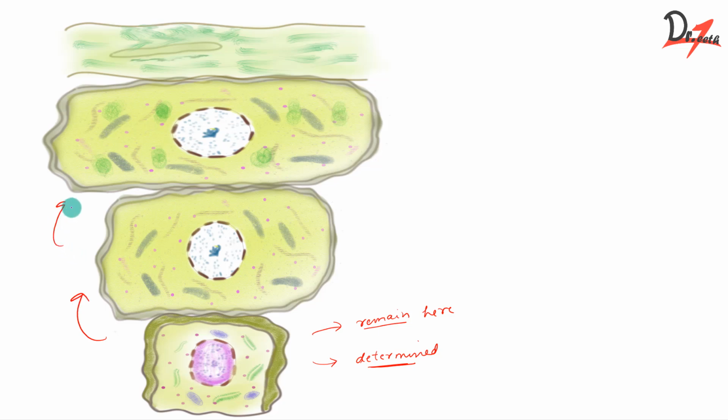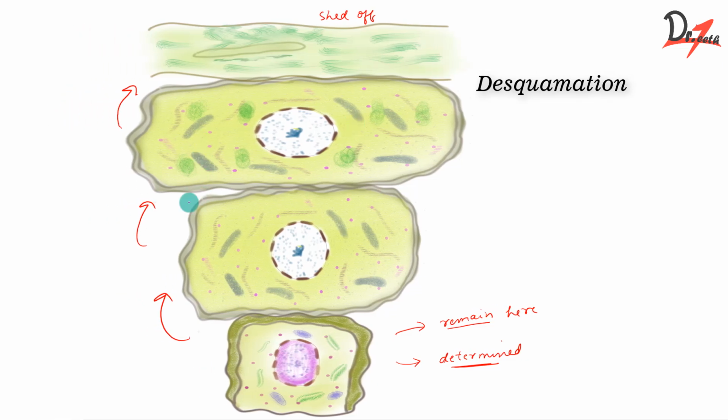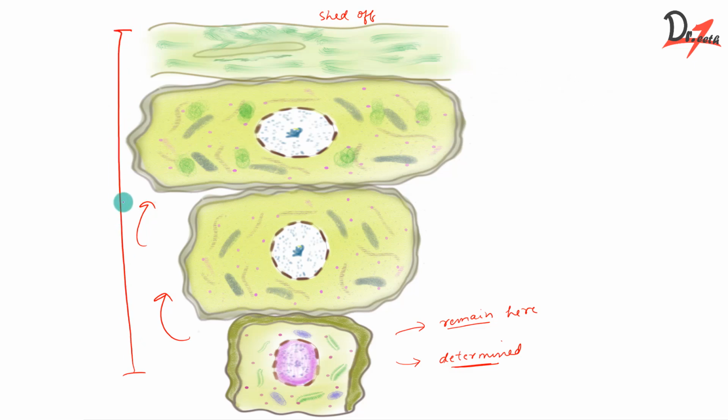Now after multiple migrations, the cell will eventually die and be shed off, and this is called desquamation. The entire process of cell migration from the basal layer to the surface is called maturation. Another term is the turnover rate: the time it takes to complete this journey.